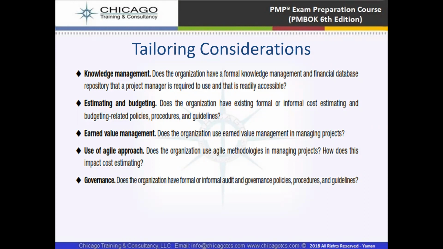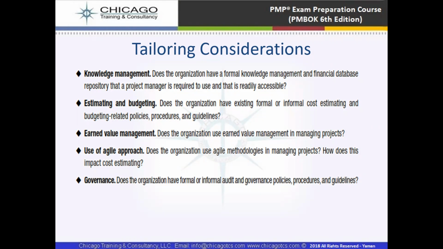And are we using agile approaches, like agile methodologies, in managing different projects? How does this impact cost estimating? Agile is used basically in the adaptive life cycle, not in the predictive life cycle. Adaptive life cycles are mostly used in software industries and software manufacturing companies. So they are using the agile approaches.